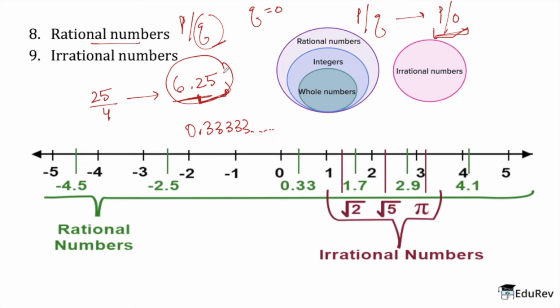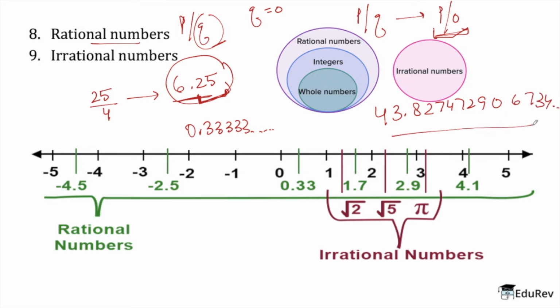Now let's move on to the irrational numbers. What are irrational numbers? These are the ones that are non-terminating and non-repeating. For example, take 43.82747290673 and so on.